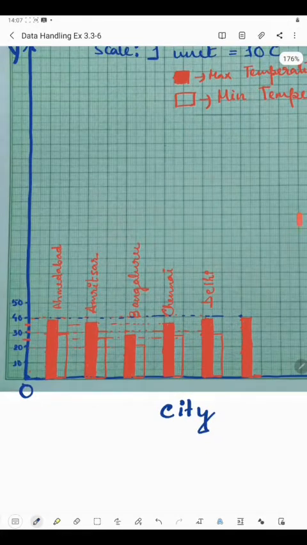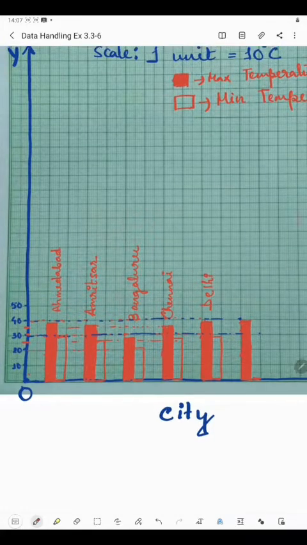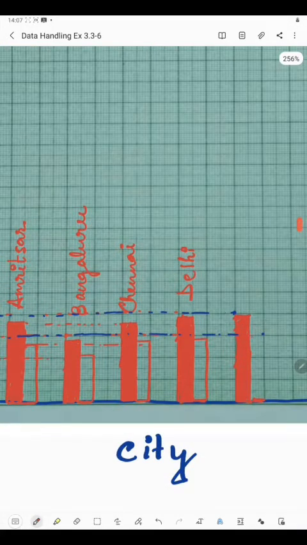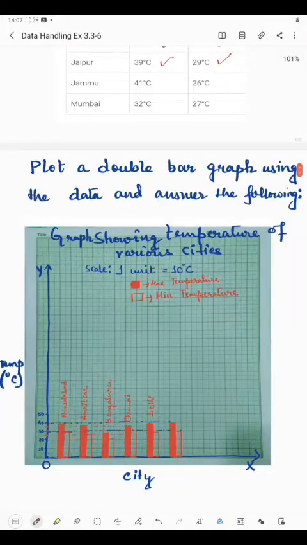And 29 degrees Celsius means here is 30, right? Here is 30, so 1 degree less than this. So here is showing 30, so 1 degree less. So it's here. So this represents the temperature in Jaipur. Okay, now coming to next.